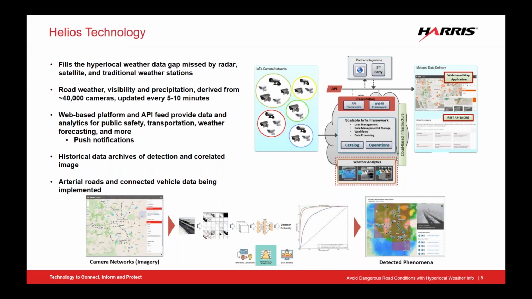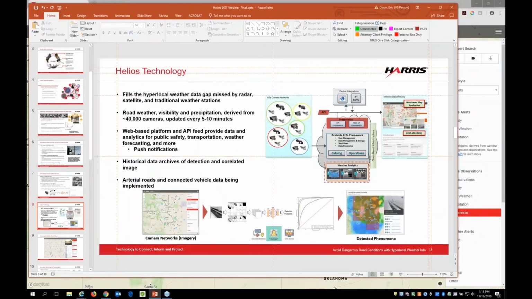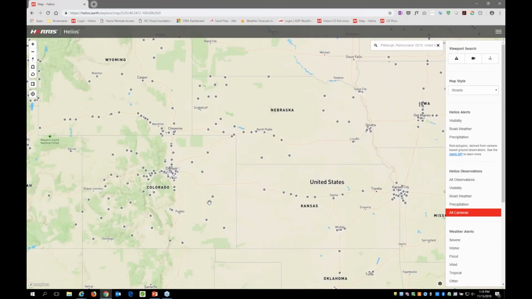Machine learning eliminates that roadblock that prevents many traditional computer vision processing products from providing that type of information. So it fills that hyperlocal gap that's missed by radar, satellite, and traditional weather stations. I'm going to come out a little bit and just give you a brief look at the Helios system as a whole.